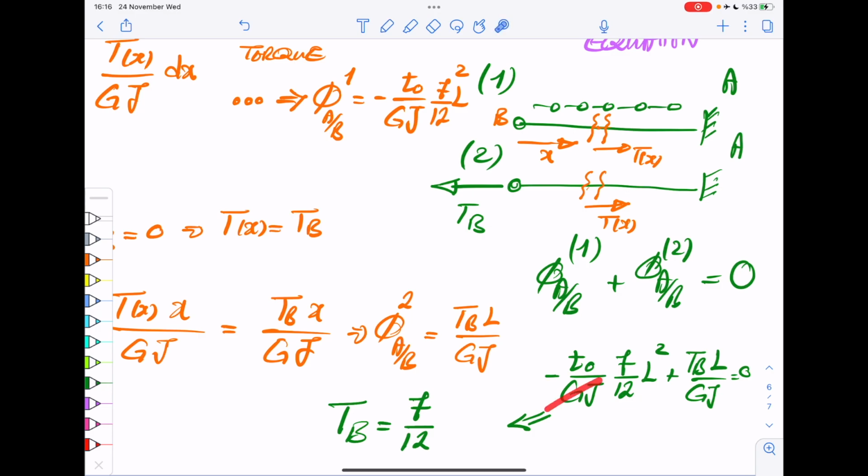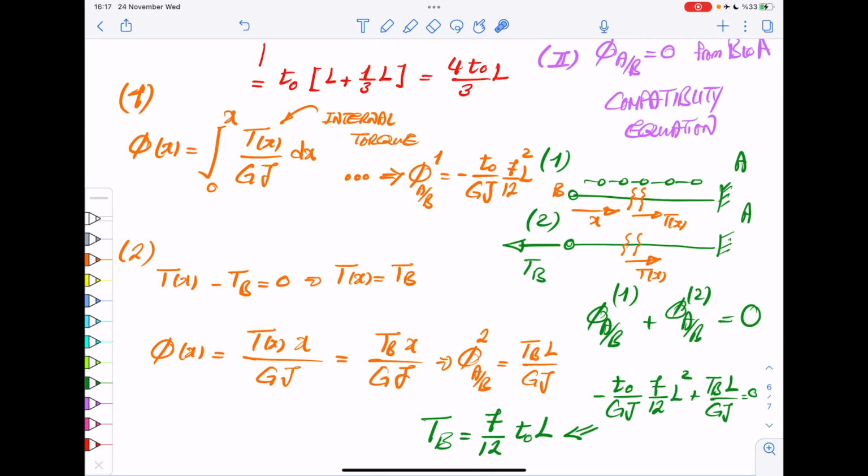So GJ cancels out immediately, right? So you get 7 over 12 T0 times L, which makes sense. T0 was moment or torque per meter, right? Small t. Dimension-wise, it makes sense. You need to multiply it by length.